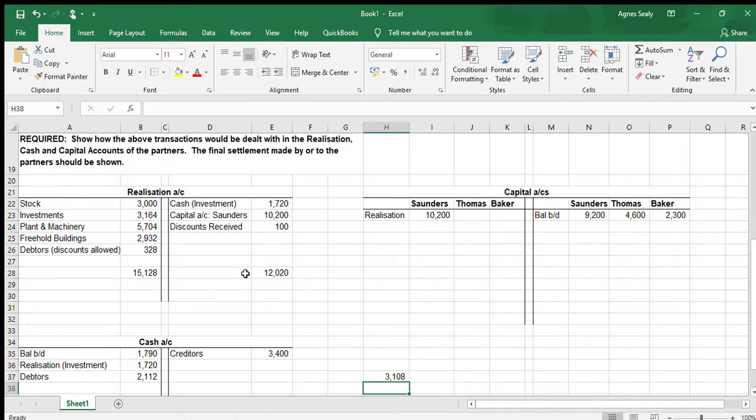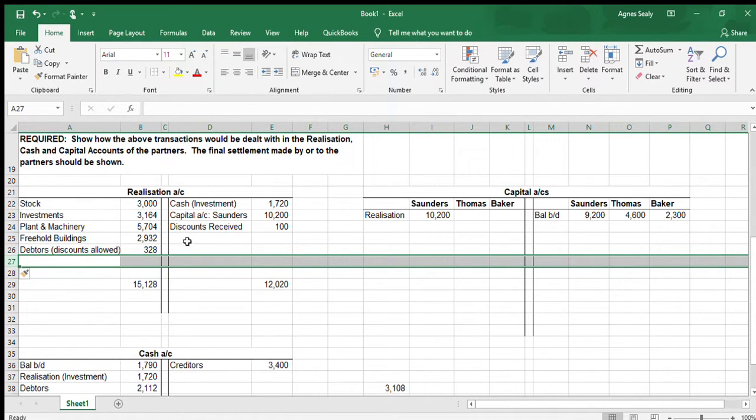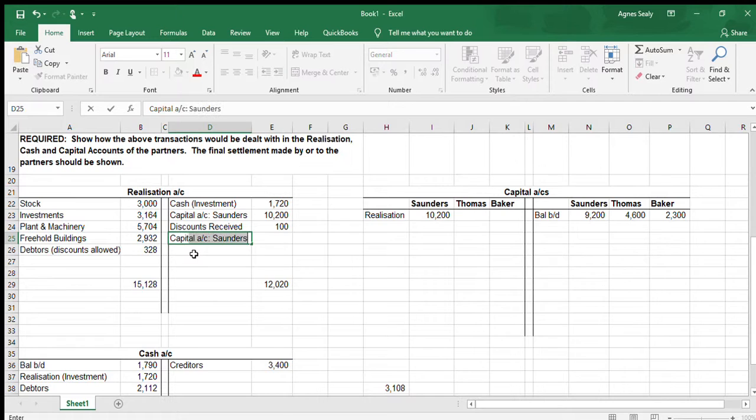And we can see here that this is going to be a loss on realization. So this loss on realization will be debited in the partners' capital accounts and credited to the realization account. So let's look at inserting this loss on realization. So we have the capital accounts of the partners.